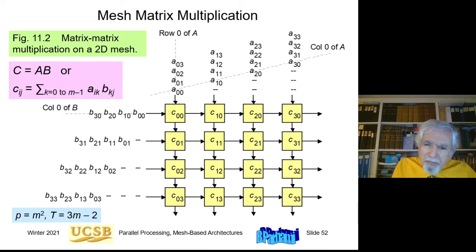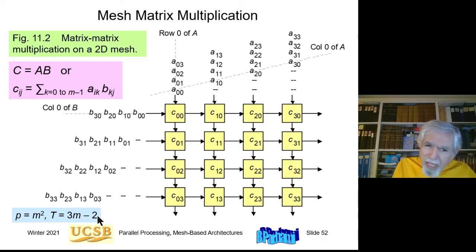Now, as I mentioned, this processor at the lower right corner finishes last. It has an initial m minus 1 units of delay. Then m inputs come in, and again it takes m minus 1 steps for these inputs to propagate down here. So the total time is 3m minus 2.